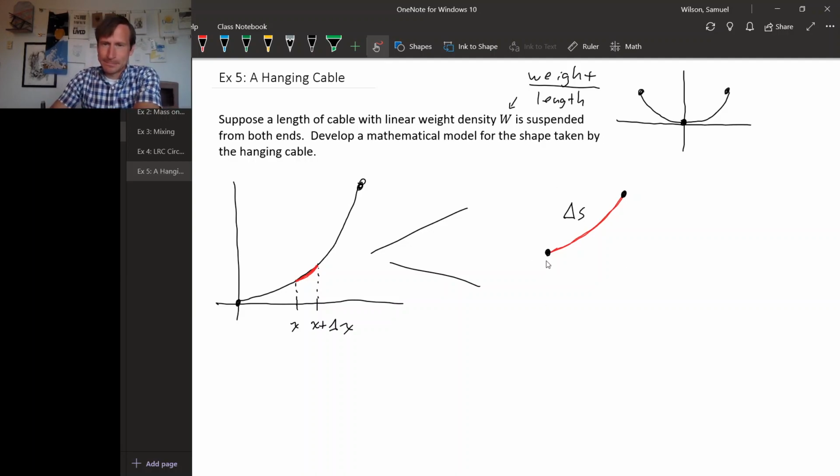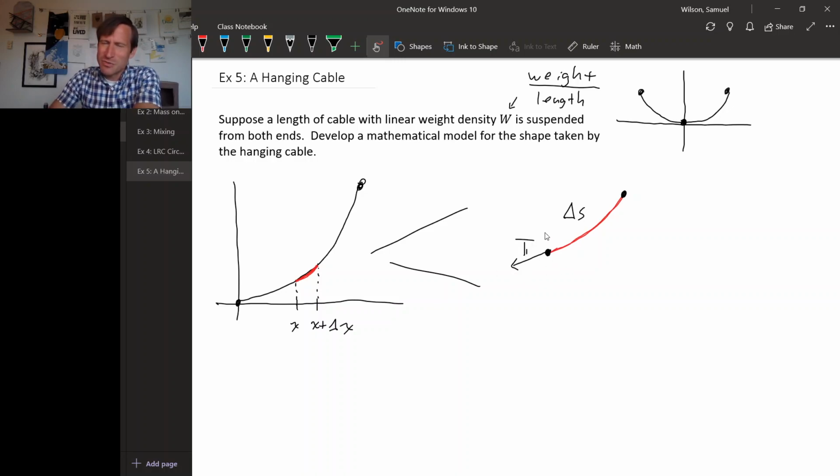So let's figure out what forces are acting on each end of this cable. So at the left end of the cable, right, this bit of cable is actually attached to its neighbor on the left, and its neighbor on the left is pulling that way with some tension. So let's call that T1.